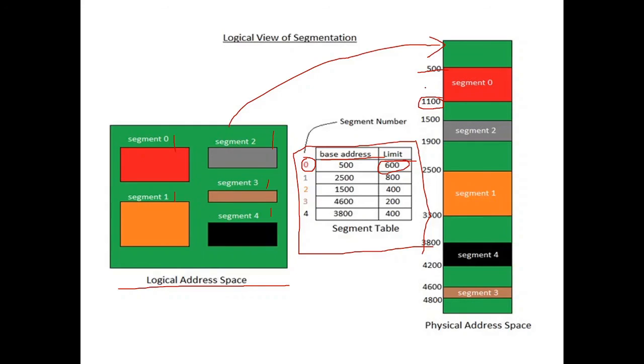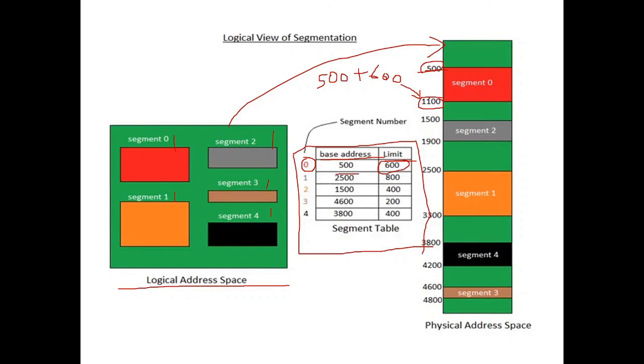If this is the base address and you add the size of the segment, you get the ending address: 500 plus 600 gives 1100. So from the segment table we get the starting address and the ending address.